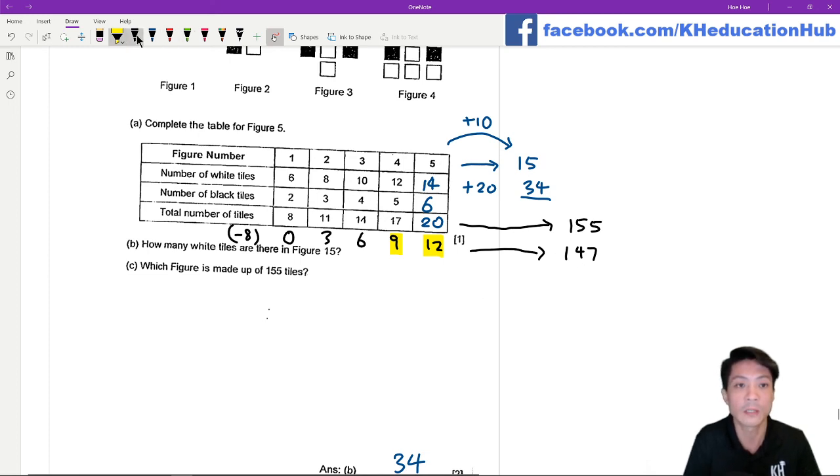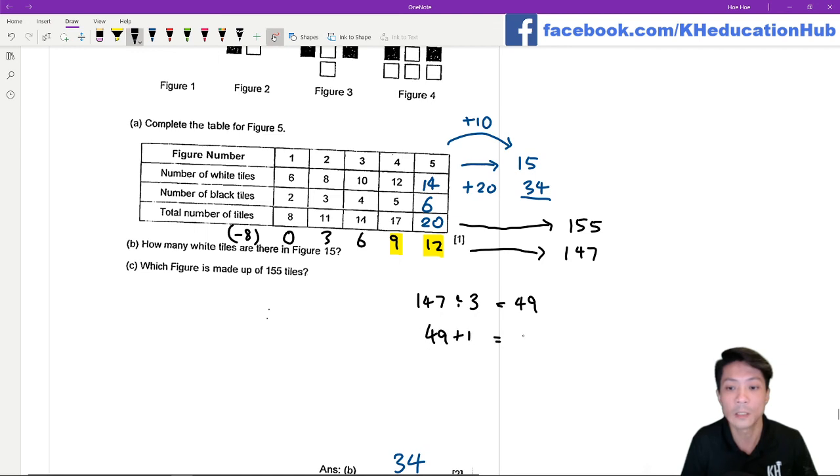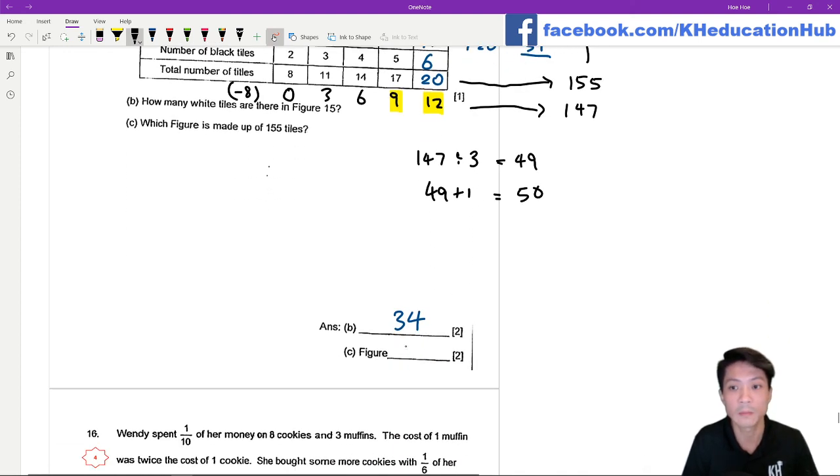So if I use 147 divided by 3, I'm going to get 49. I need to use 49 plus 1 to give me the actual pattern figure number, which is figure 50. So this will be the answer for C.